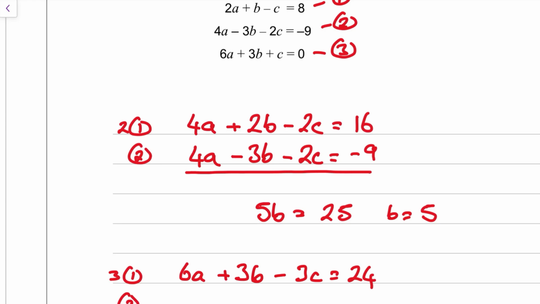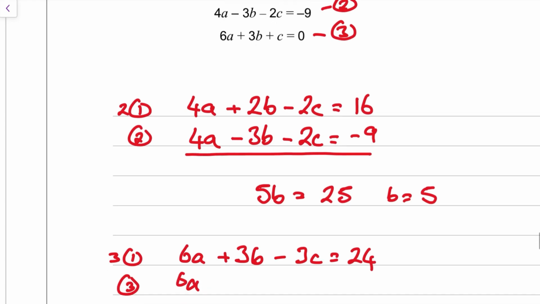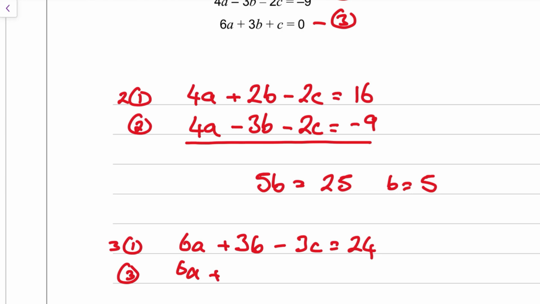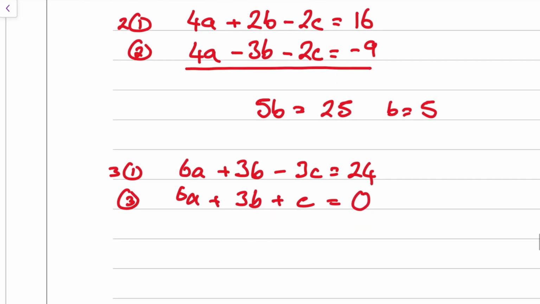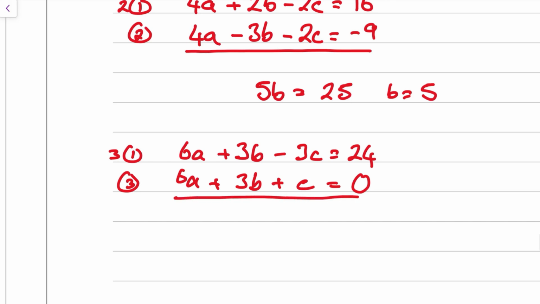And then just write down the third one: 6a plus 3b plus c equals 0. I was about to multiply them all by 3. Oh wow, actually this one's going to work as well, isn't it? So take this away: 6a minus 6a goes away, 3b minus 3b goes away, and minus 3c minus c is minus 4c is equal to 24, which means that c is equal to minus 6.